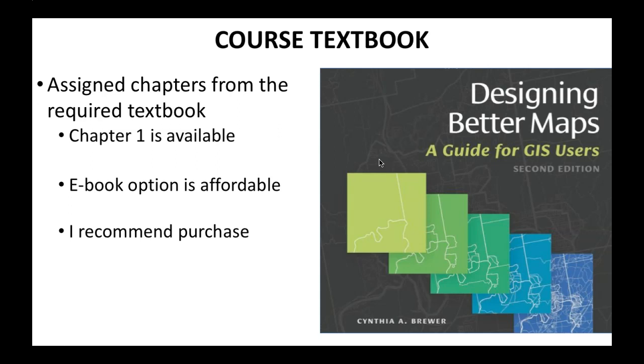However, the ebook option also works. I personally prefer a hard copy, which is, I think, easier to consult. Regardless, I recommend that you purchase this book, especially if you plan to be in the GIS field as part of your career. It will really be a reference source that you're going to find useful throughout your map making activities.